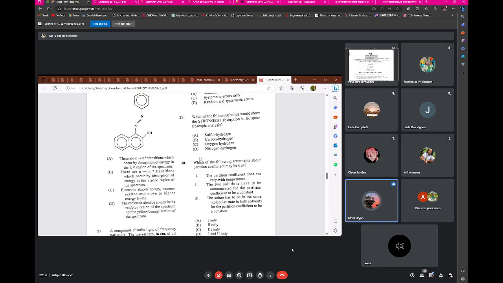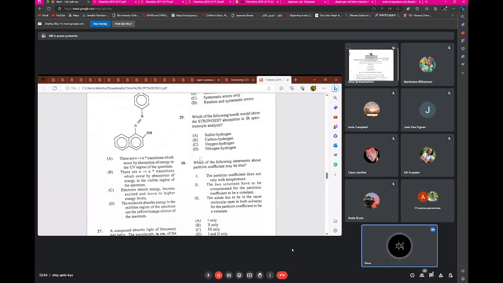I put B. Okay, there are n to pi star transitions which occur by absorption of energy in the visible. Well, if it absorbs light in the visible spectrum, will you be able to see the molecule? It should emit the light that is complementary.